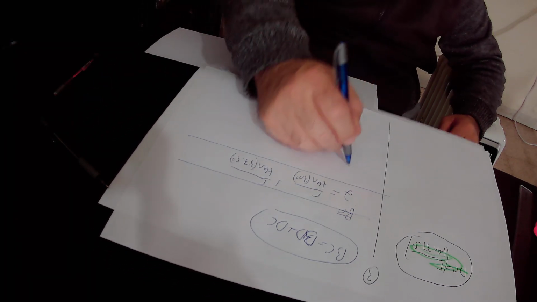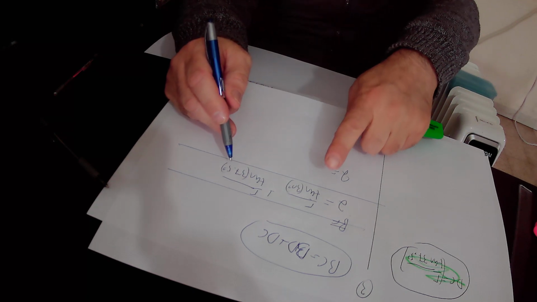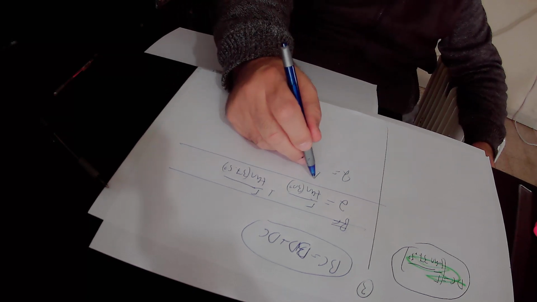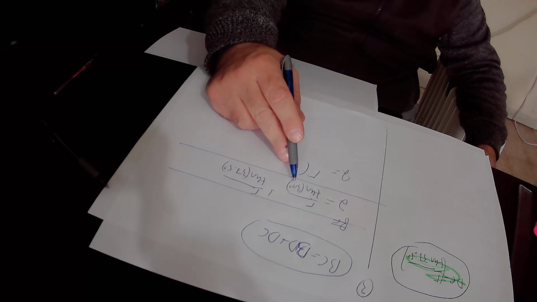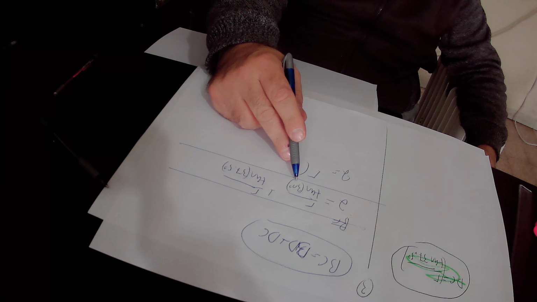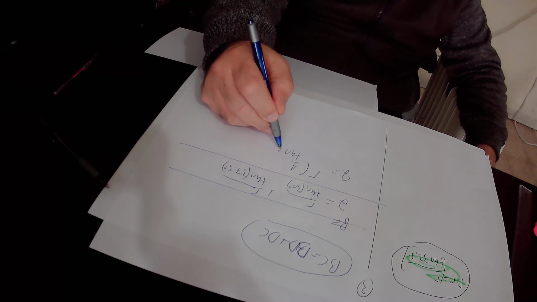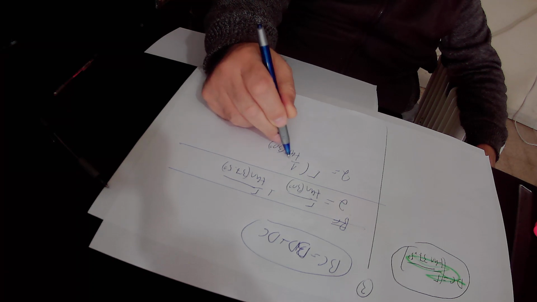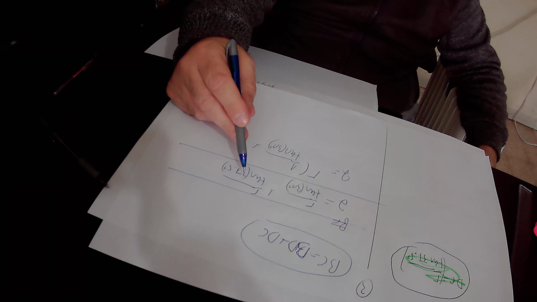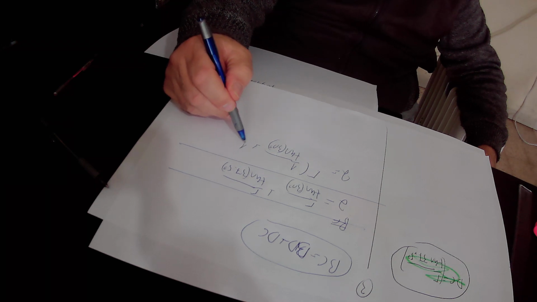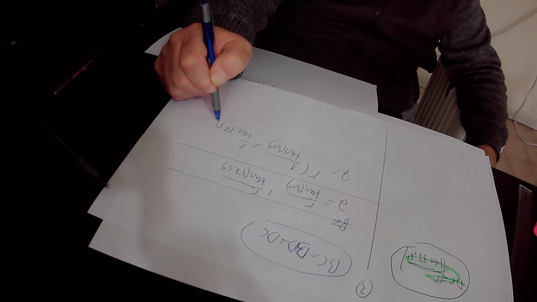So 2 equals, we take R as a common factor out of those two expressions. After we took R as a common factor from this expression, we are left only with 1 over tangent 30 degrees. Plus, after we took R as a common factor from this expression, we are left with 1 over tangent 37.5 degrees.